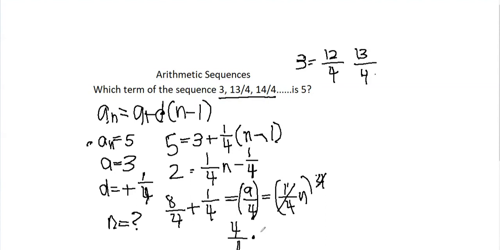So if we have 4 over 1 times 9 over 4, we know that these 4's cancel out. So we are finally left with n is equal to 9. And what that means is that 5 in this sequence right here is the 9th term.